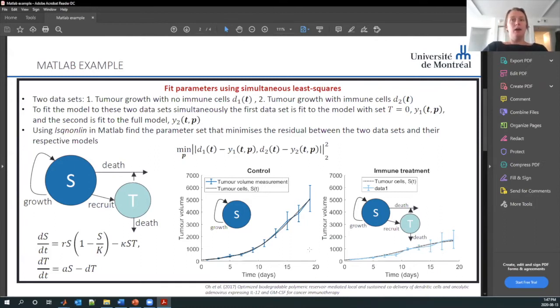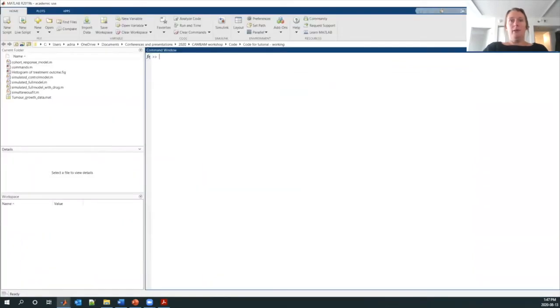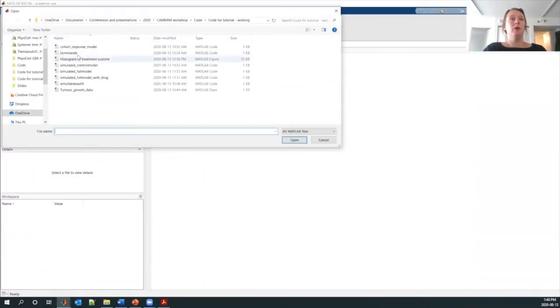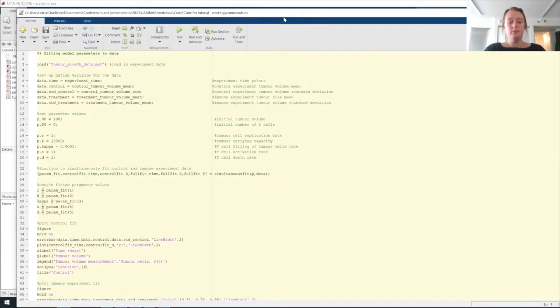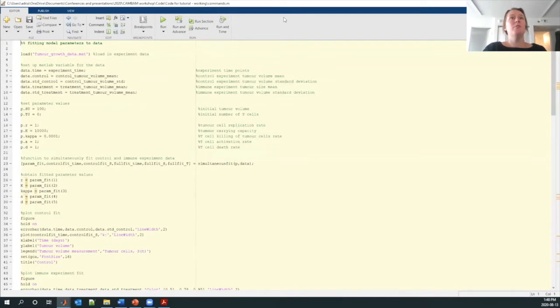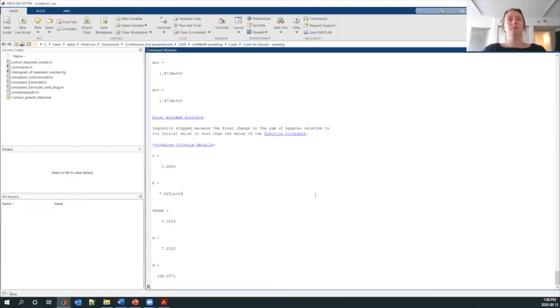If I jump into the MATLAB, the thing you're going to want to open up, I go into my folder, is the code called commands. I've basically filled out the code, but hopefully if you hit run, it shouldn't work. Oops, mine worked.